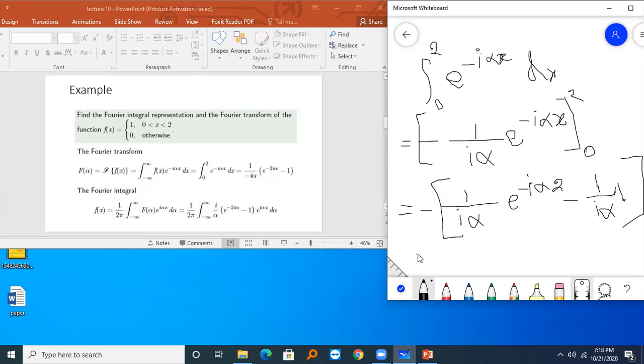So if we take common minus 1 by i alpha, what will we get?